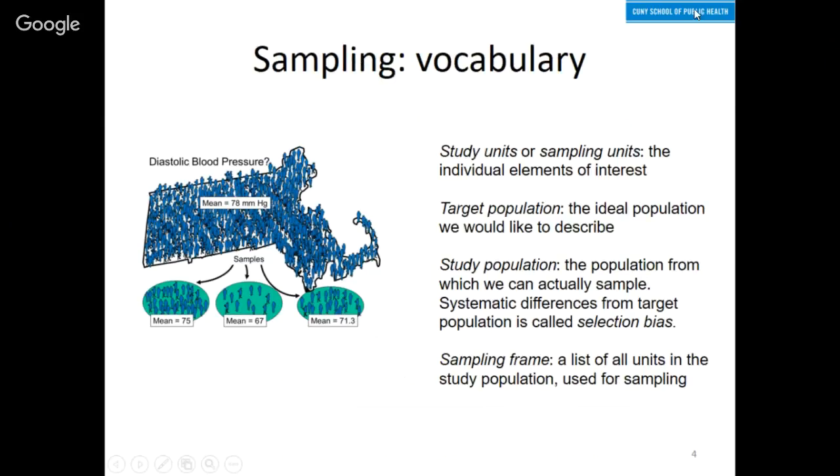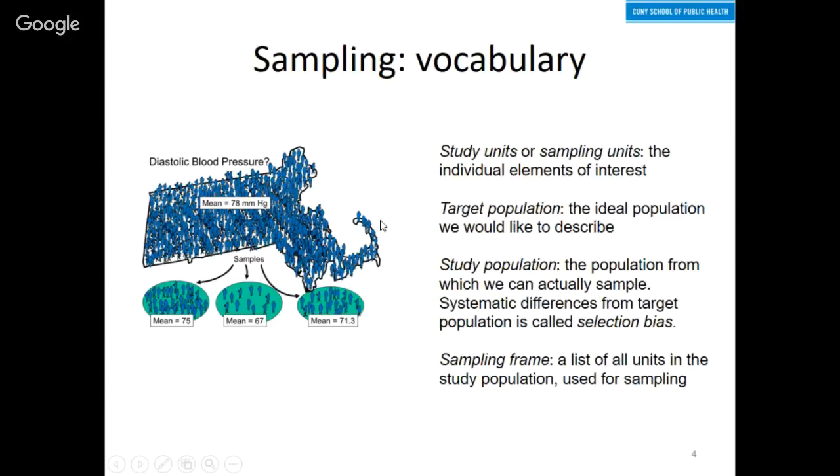A little bit of vocabulary. Sampling units or study units are these individuals, the elements of interest, the things that can be counted in the target population. So this target population is who you want to study, whereas the study population is the population from which we actually sample.